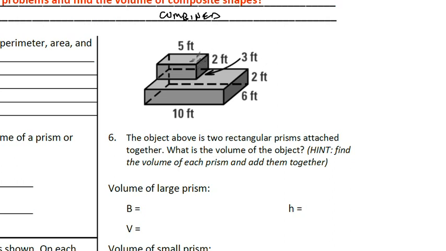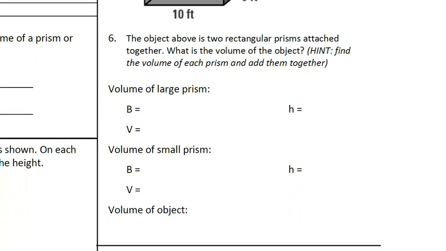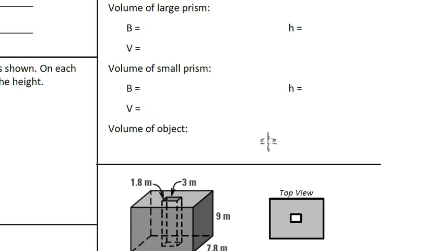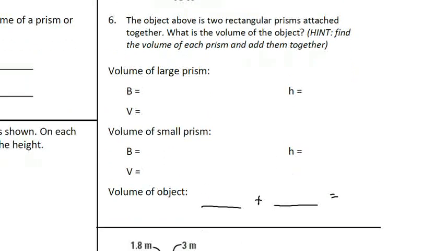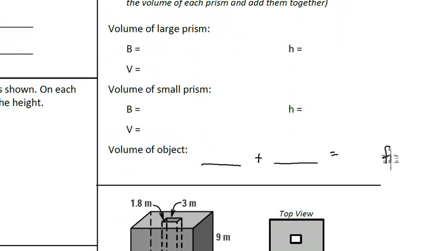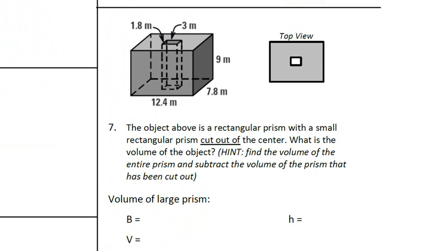This dimension right here, I'm going to draw this out for you, that dimension is 3 feet because this edge and this edge are congruent because it's a rectangular prism, and then we can use 2 to represent the height. So find the base area, the height, and the volume of the large prism, the small prism, and then you add the 2 of those together to find the volume of the total shape. And then don't forget, class, that's going to be in feet cubed.